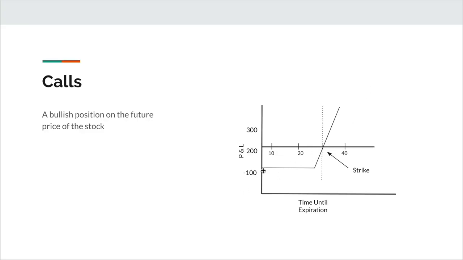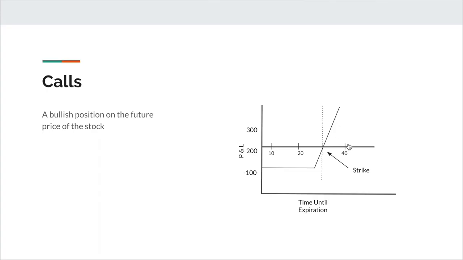As you can see, as the stock goes up, your option will become more valuable because it is achieving that strike price. So that is what a call option looks like. A call option is a bullish position that you take as a buyer for you to purchase the stock in the future at a lower price than it is actually trading at.